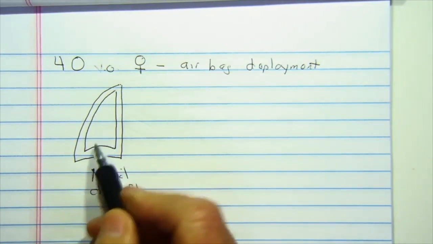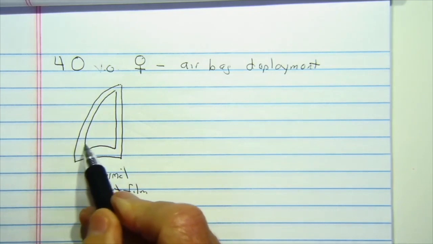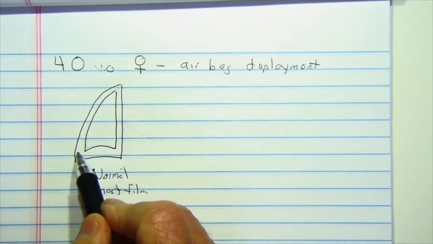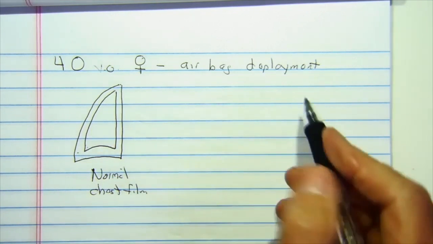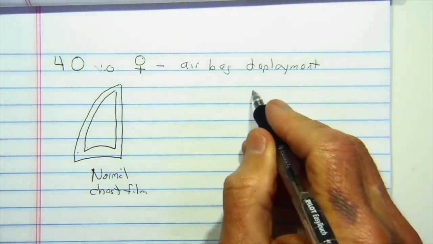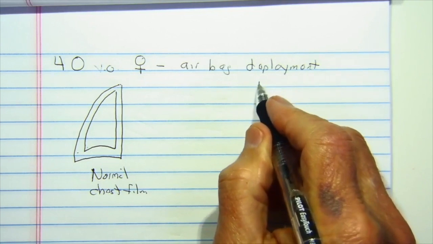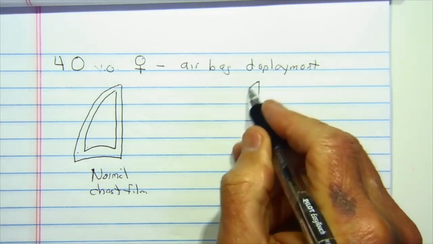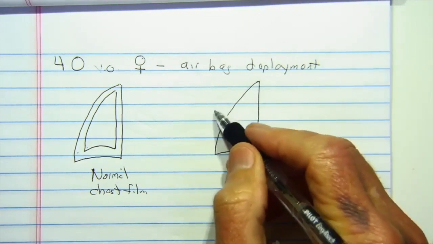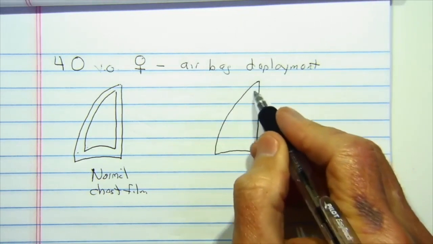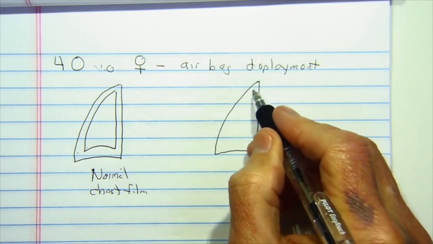And we can see that the person has a normal intrapleural space. But now the airbag is going to deploy. And when the airbag deploys, we're still going to have that parietal pleura in place. But now, because of the deployment, pressure is going to literally cause accumulation of blood.